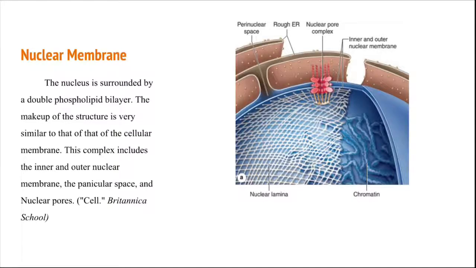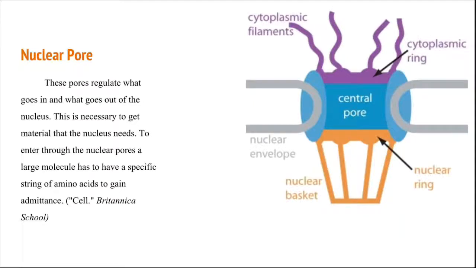The nuclear membrane. The nucleus is surrounded by a double phospholipid bilayer. This is very similar to that of the cellular membrane, although its system of pores is slightly different, with these things called nuclear pores. A nuclear pore is incredibly important because it determines what goes in and out of the nucleus.